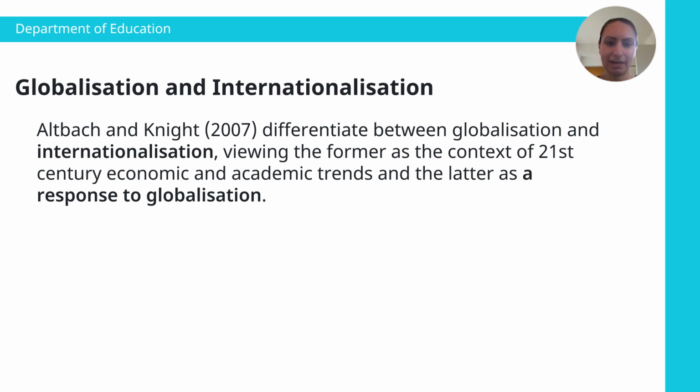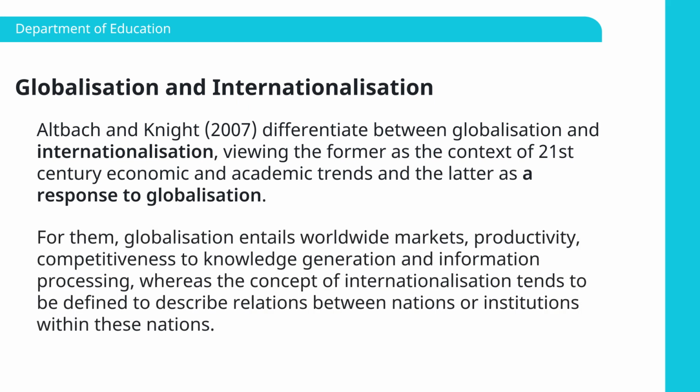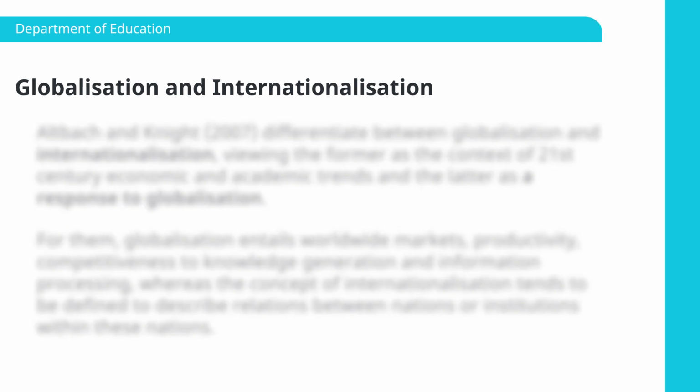So they see it as a trend or a movement that's happening in the world, whereas internationalisation is seen as a response to globalisation. Because globalisation is happening, it's having an effect on education, and education is internationalising because of globalisation. And they define globalisation as thinking about worldwide markets, productivity, competitiveness and knowledge generation.